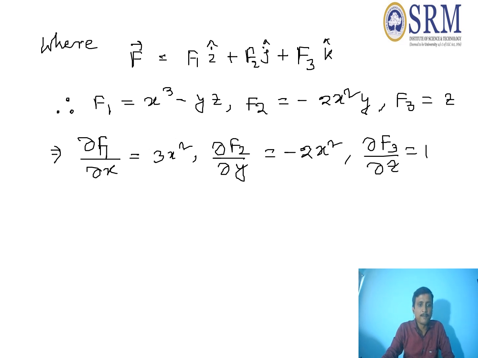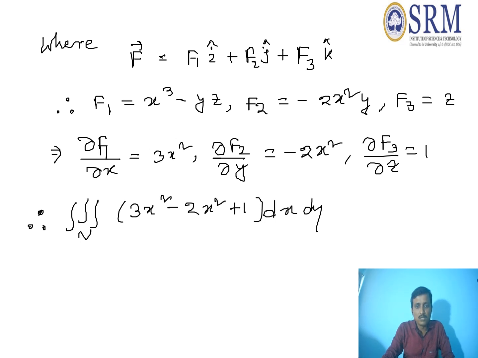Now, the right-hand side volume integration over V is 3x² minus 2x² plus 1, with dx, dy and dz. We have just substituted the above values in the volume integration form. Now what are the limits for x, y, z?